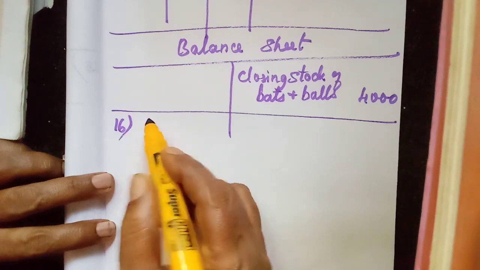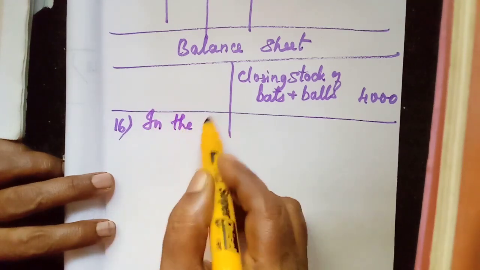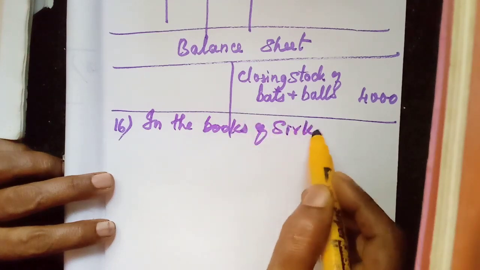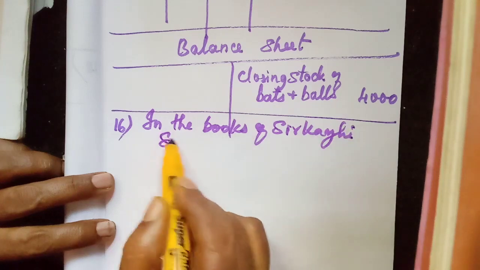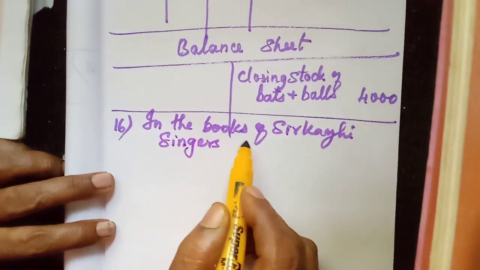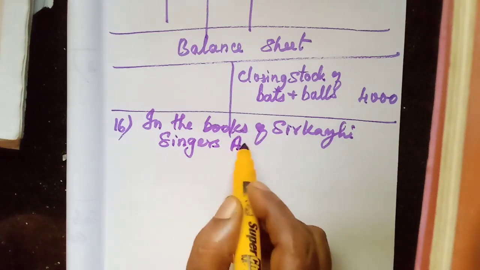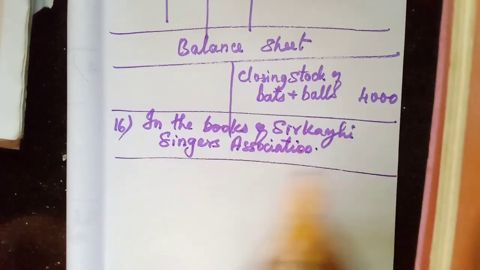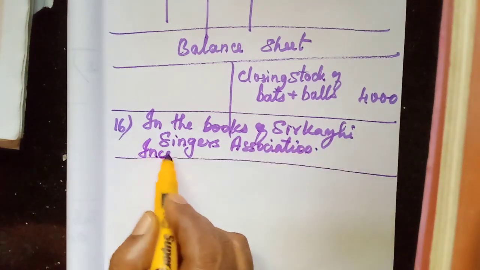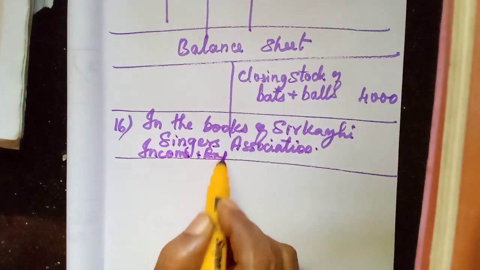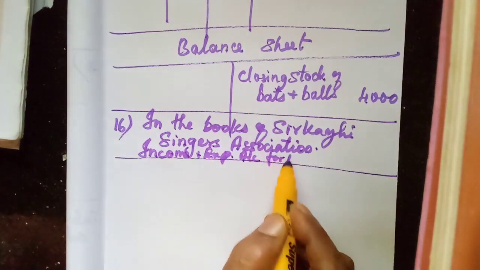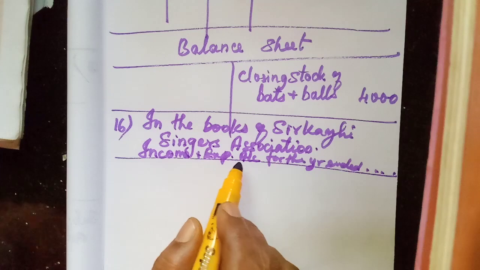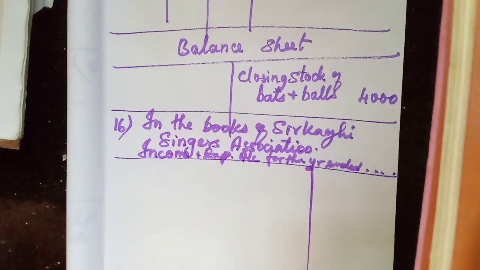Now in the books of Sirkari Singers Association, income and expenditure account for the year ended, no date given, like that. Then only the debit side, we will make the debit side more.